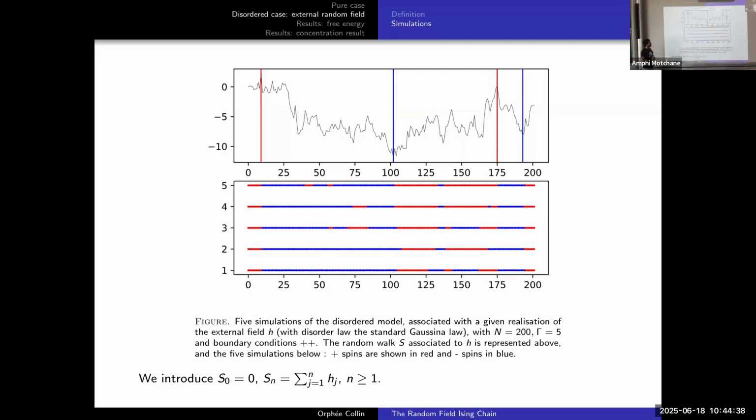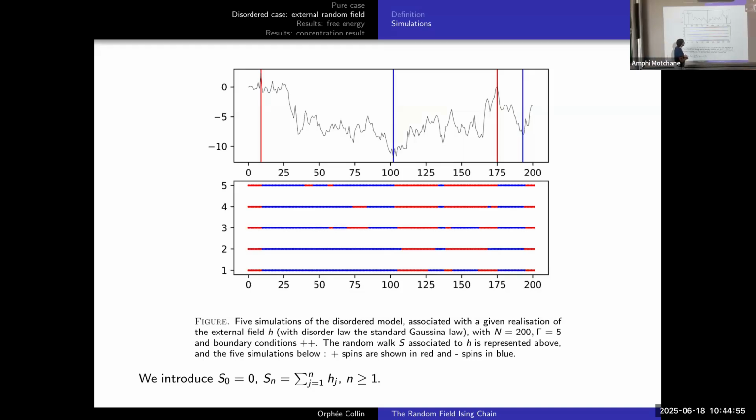I did it quite naively using Glauber dynamics. I let the dynamics run for long enough, but this is exponential in gamma, so I could not have a very large gamma.